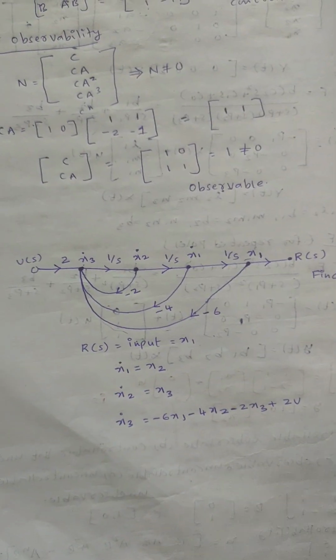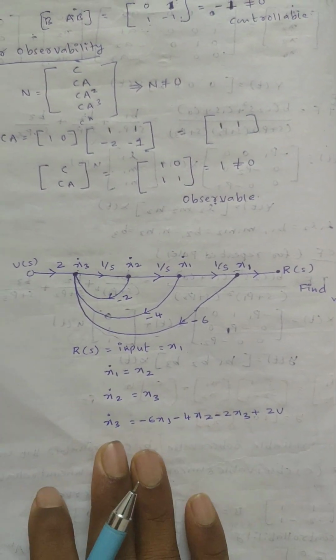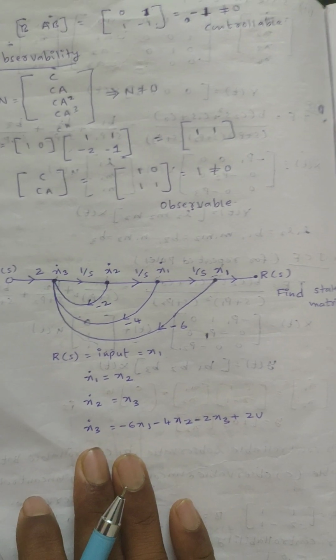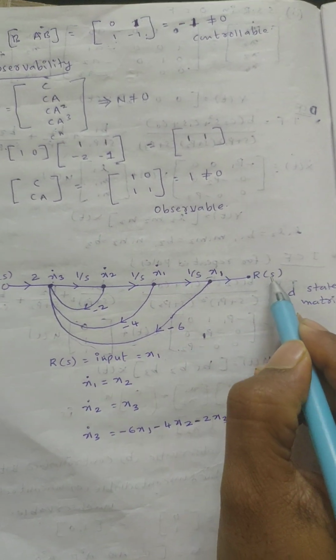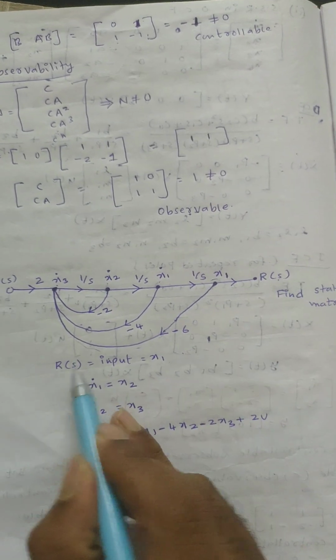Okay, x1 dot, x2 dot and x3 dot are completed, right? Next, what is the y of s here? It is R of s, right? That R of s is equal to x1.